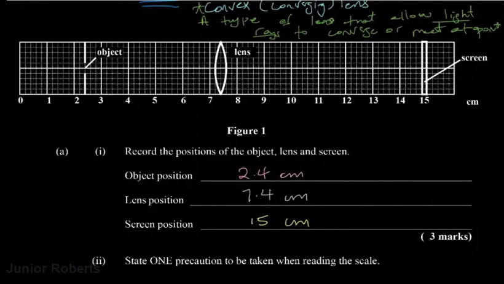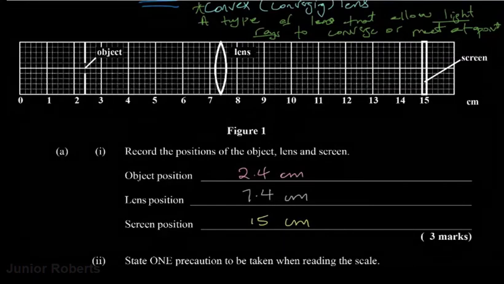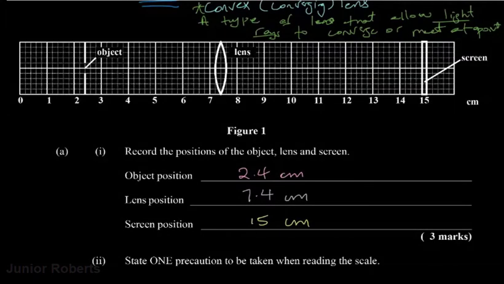So we will first define the image distance. The image distance is defined as the distance between the lens right here and the screen.